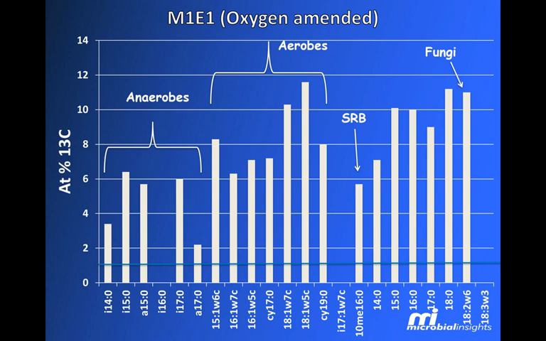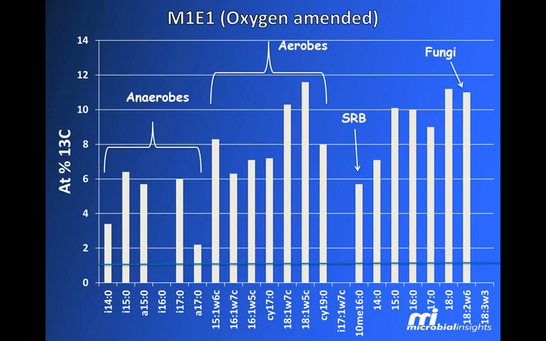And you can see in this particular case there was C13 incorporation into a particular fatty acid that is characteristic of certain sulfate-reducing bacteria. And on the right-hand side there, you see a fatty acid that is typical of fungi. So you can get a picture then of what types of organisms are incorporating most C13.